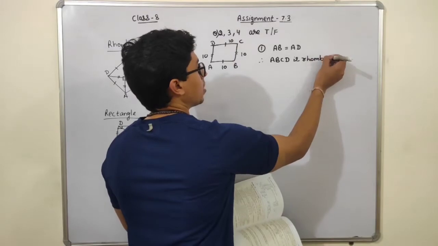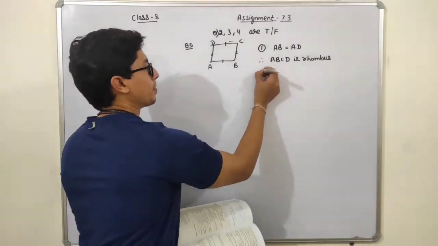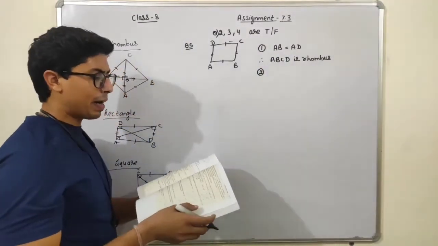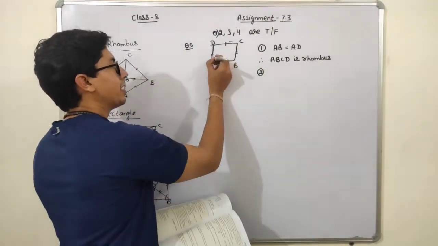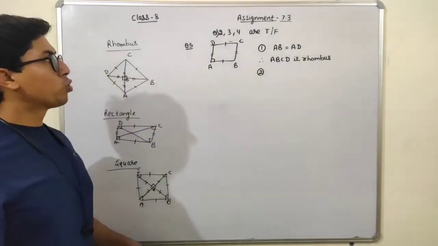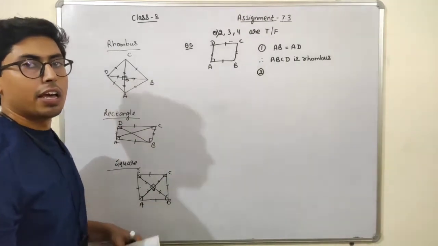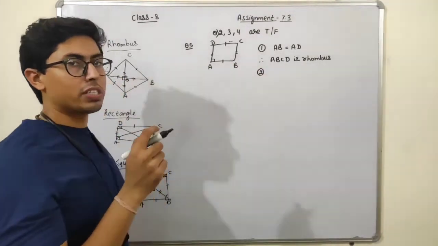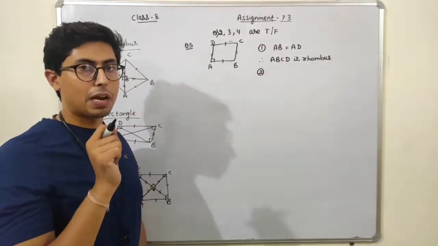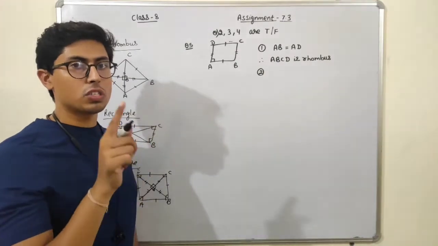Okay, students. Now, similarly, the second part is if angle DAB is 90. Okay, students. See, now, opposite sides are equal and one angle is 90. Just remember this property, students: if in a parallelogram one angle is 90, then that particular figure is a rectangle.